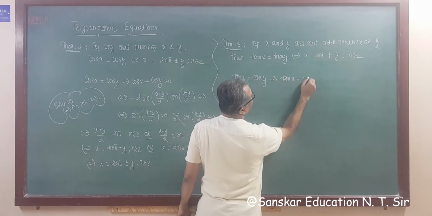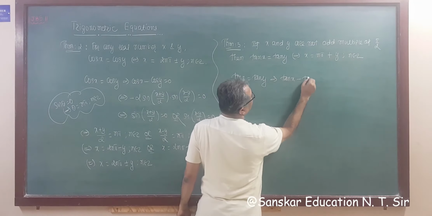So x is not equal to twice n plus 1 pi by 2, where pi by 2 has an odd multiple, and this holds for both x and y. That means cos x is not equal to 0 and cos y is also not equal to 0.